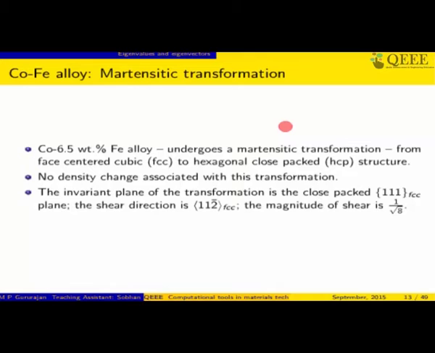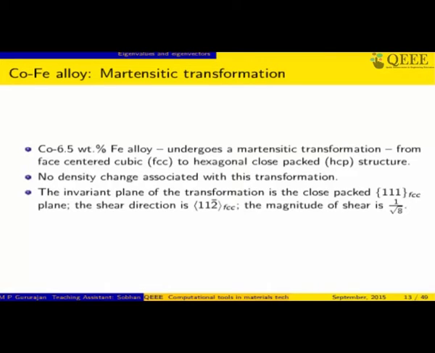That is known as the invariant plane, and it happens to be the 1 1 1 close packed plane. If you consider that, and a shear of magnitude 1 by root 8 along 1 1 bar 2 in the FCC direction, that is what the resultant martensitic structure is all about. So this is the crystallographic information that we have.